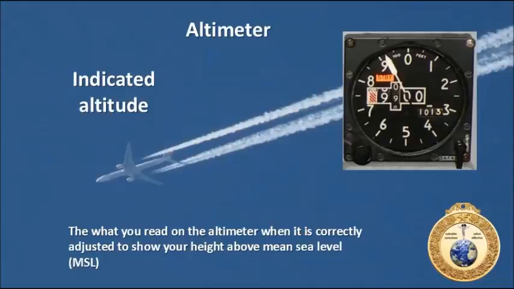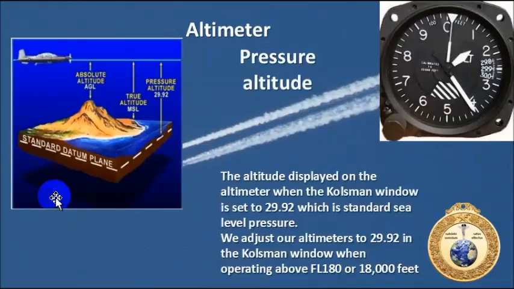Indicated altitude is what you see on the altimeter, and it shows you your height above mean sea level, which is actually a true altitude as well, just looking at it. But pressure altitude is displayed when the Kollsman window is set to 29.92, like this one, where you're flying at a pressure altitude of roughly 1,400 feet.